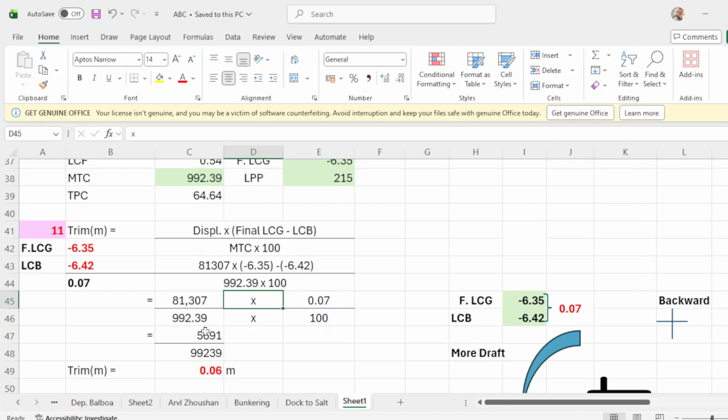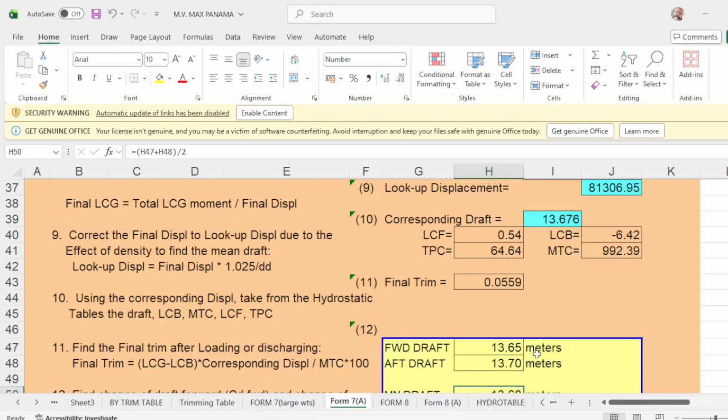Multiply these two and your trim will be 0.06 positive. When it's positive, it means you are trimmed by the stern. That will be number 11, and the manual result is rounded to 0.06.